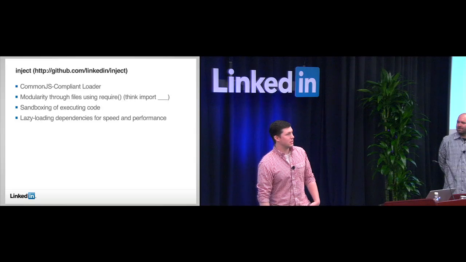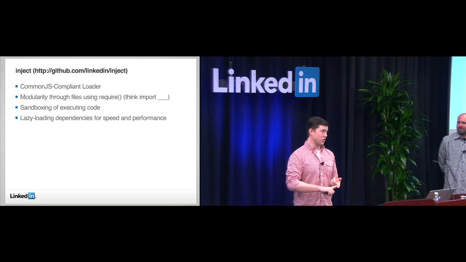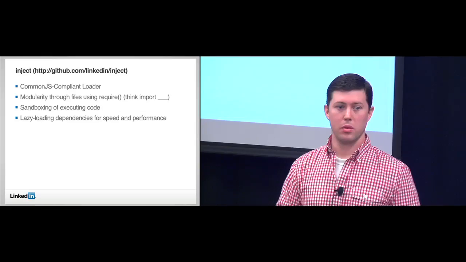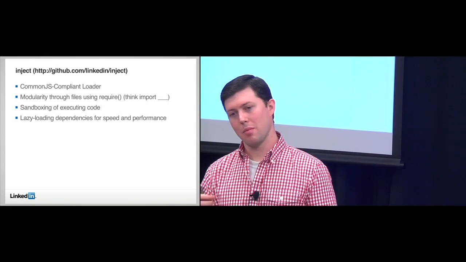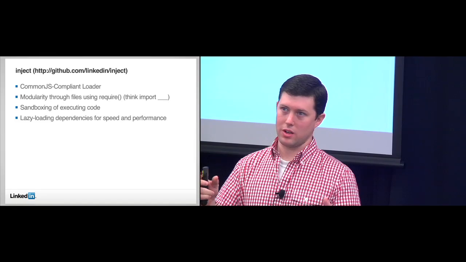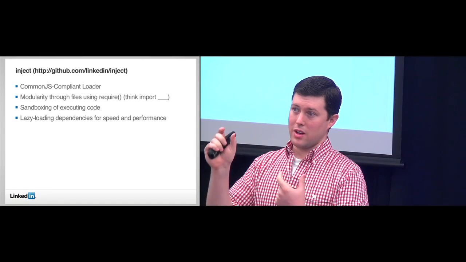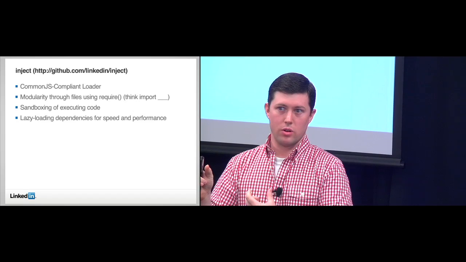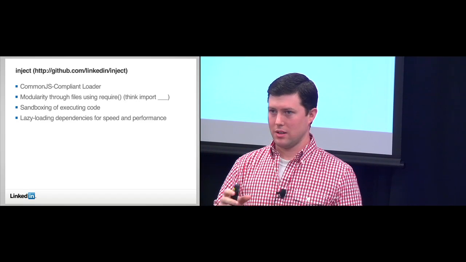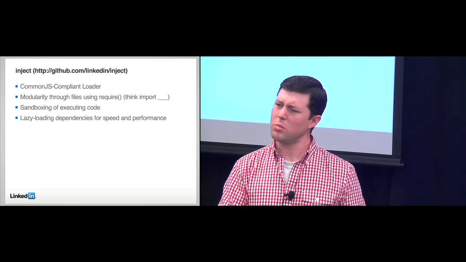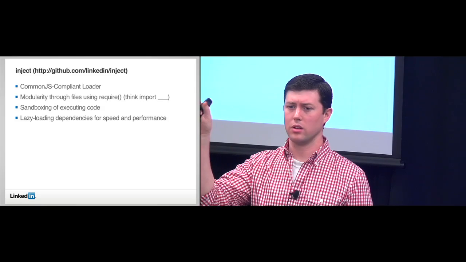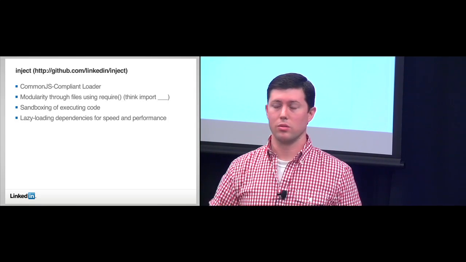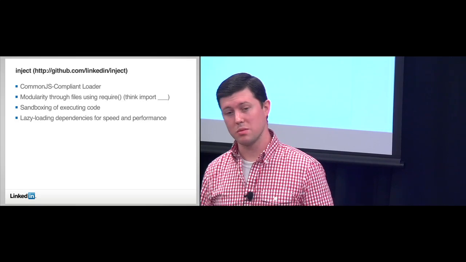And what that means is we've got things like inject, and coming up in the next slide, we've got something called Loo. But real quick, inject is kind of like a CommonJS compliant loader, which is really nice because you can specify an individual module to load in, which you could think of as how JS control almost works. You specify a control that you want to use, and you can load it in, and it'll handle that. It also will sandbox the code so you don't have any namespace collisions.